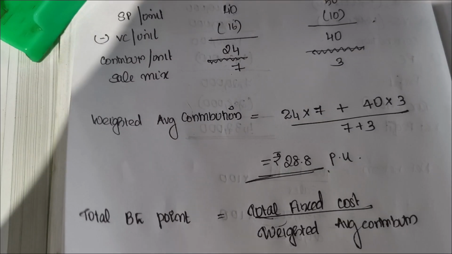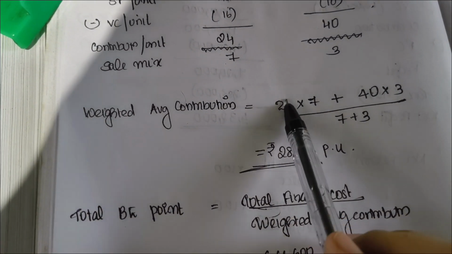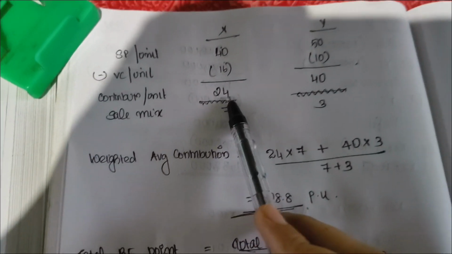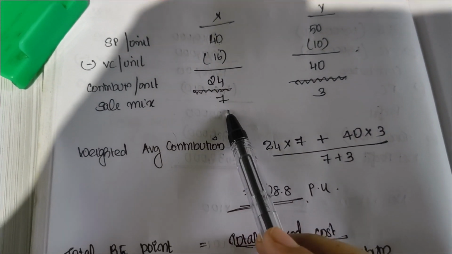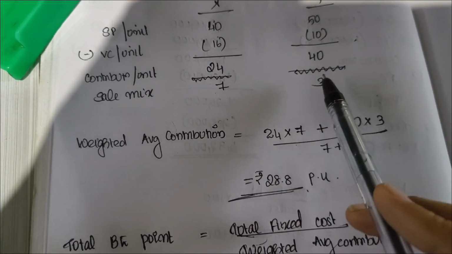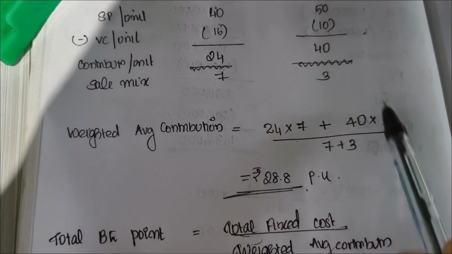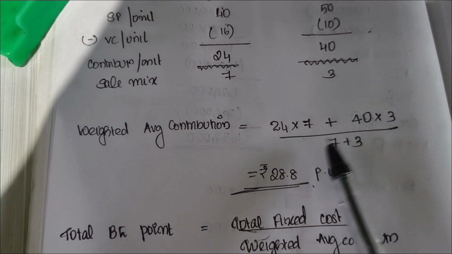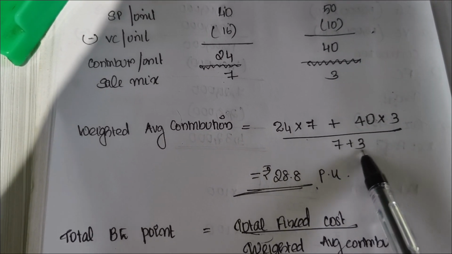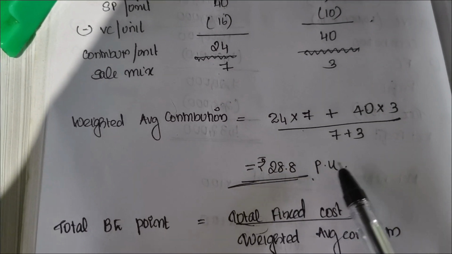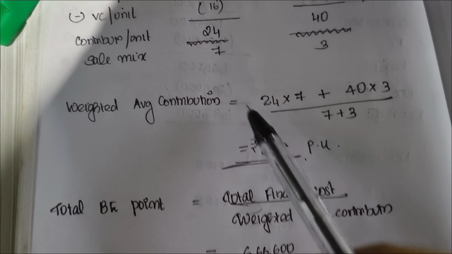Weighted average contribution will be contribution per unit 24 into number of units of X plus contribution per unit of Y 40 into number of units of Y, divided by total number of units 7 plus 3, that we will get as 28.8 per unit weighted average contribution.